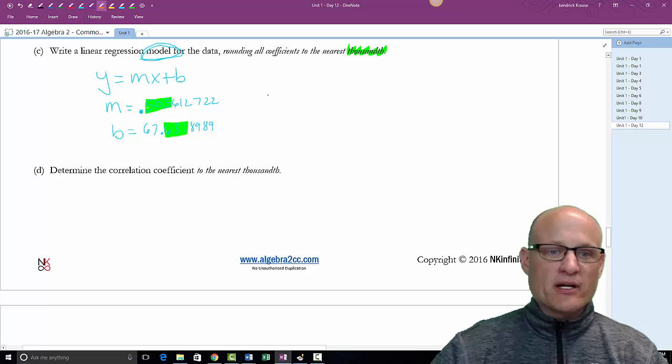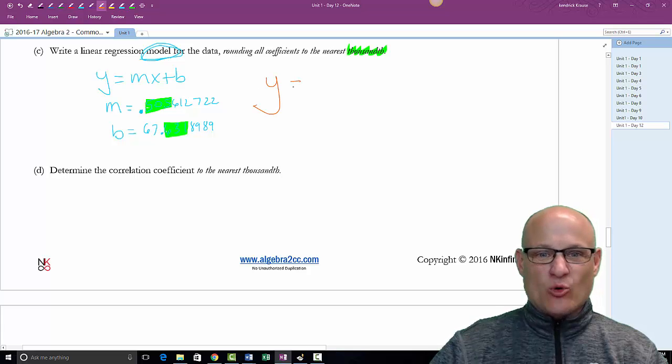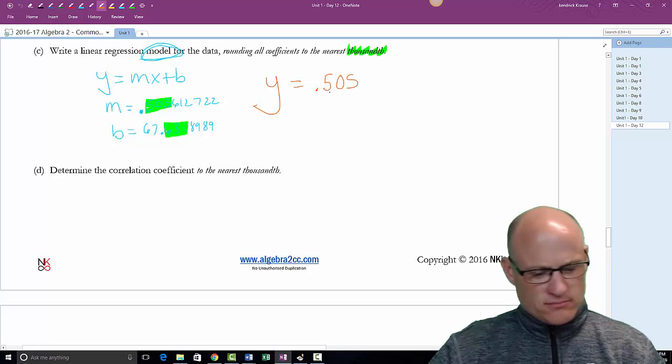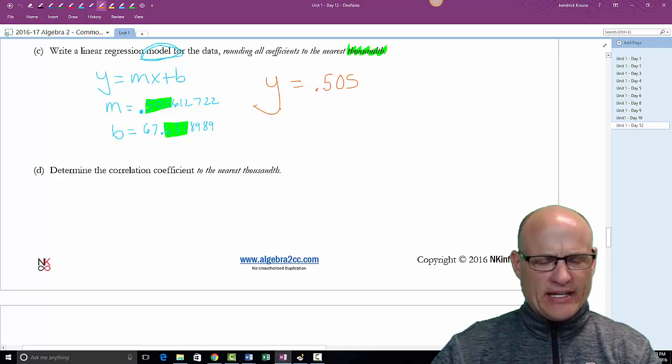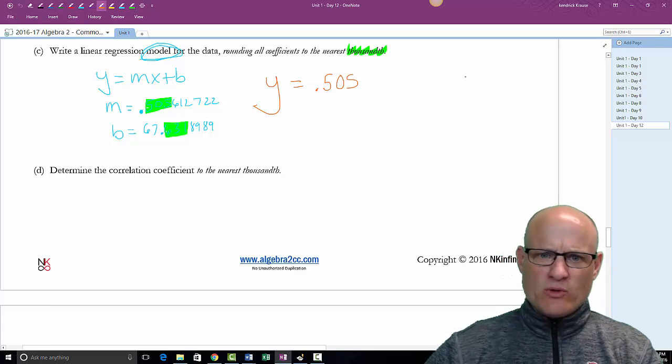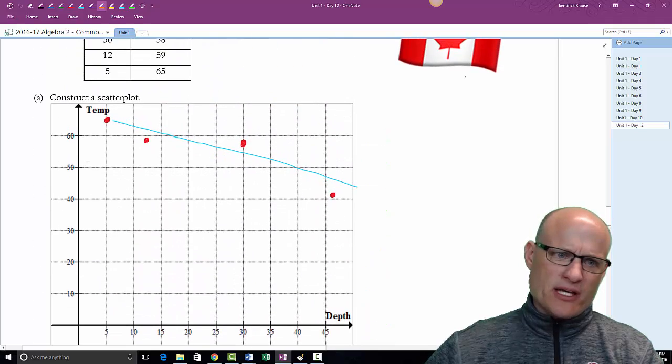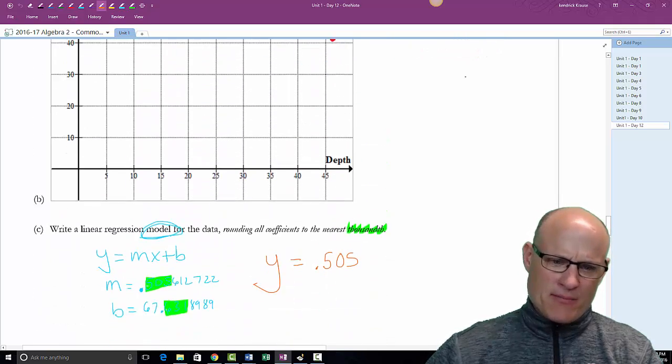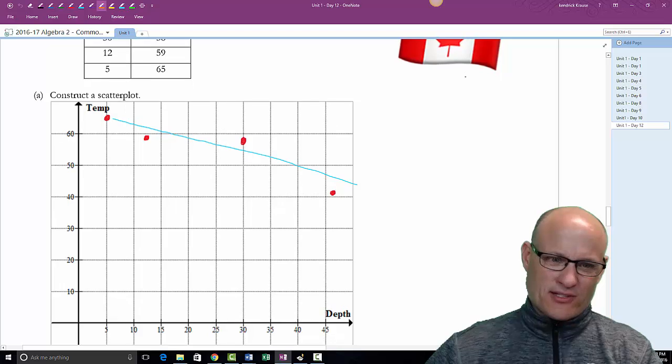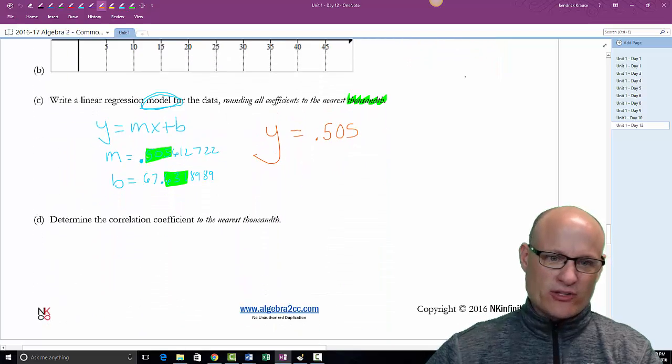So now I can write my equation. y equals. The y equals is the thing most kids forget. 0.505. Didn't we decide that was negative? I thought when we looked at our graph, we said that was going to be negative. Did I forget something? I think I must have, because looking at the graph, it looks like it's got a negative correlation, not a positive.